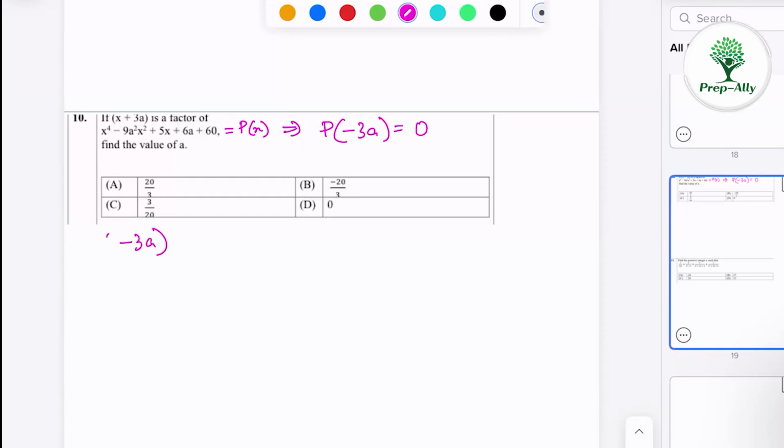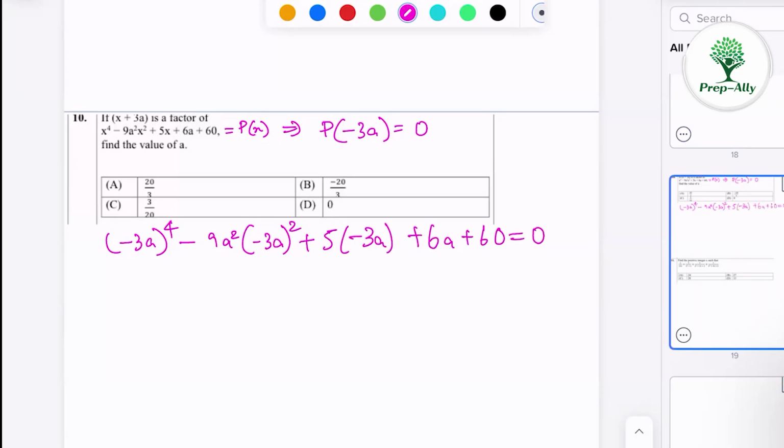So we have minus 3a the whole power 4 minus 9a square into minus 3a the whole square plus 5 times minus 3a plus 6a plus 60 equal to 0. So this simplifies to 81a power 4 minus 81a power 4. So these terms cancel out.